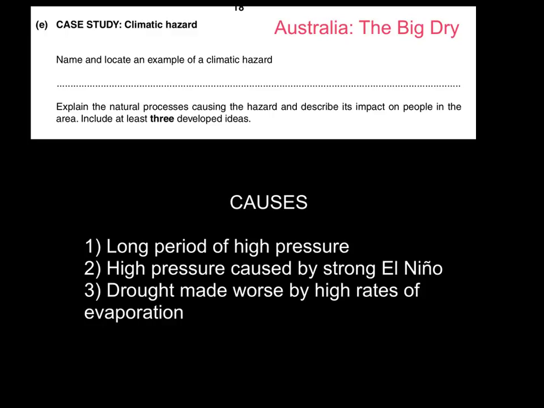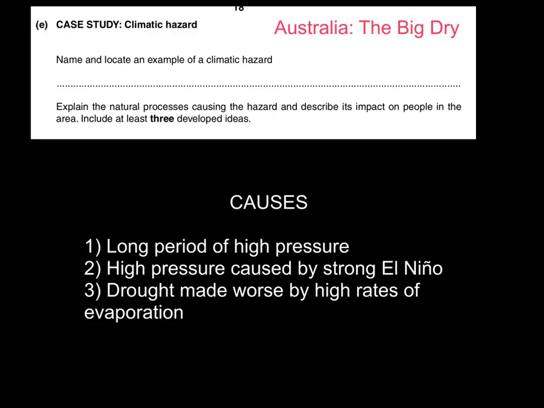So, Australia and the big dry, well, what's the cause? Well, with any drought, the cause is going to be a long period of high pressure. So there's high pressure, air is sinking, there's no rain, there's no clouds, which means it's going to be a long period of dry weather, hence you get a drought. Now, both of our droughts are linked to what's called the El Niño cycle.